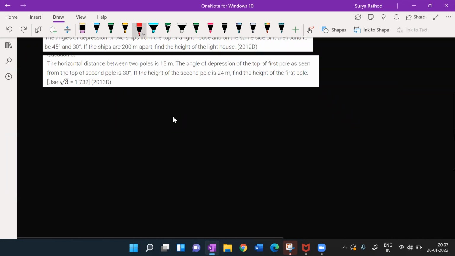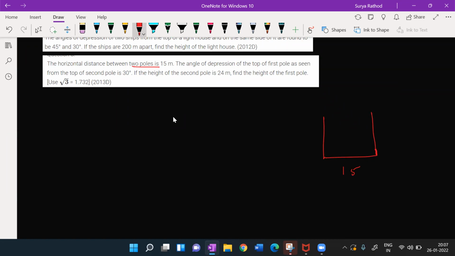No. What he has given is the horizontal distance between two poles is 15 meters. Okay, so two poles, let me take like this. This is pole 1 and pole 2. This base, 15 meters is the distance between them. The angle of depression of the top of the pole as seen from the top of the second pole is 30 degrees.